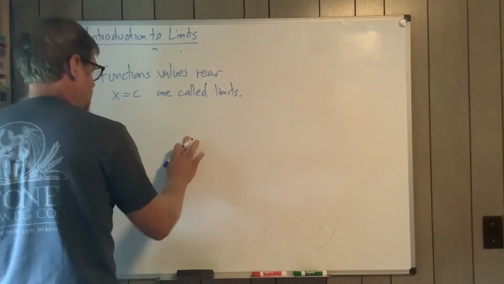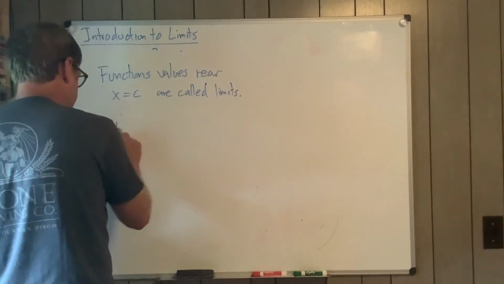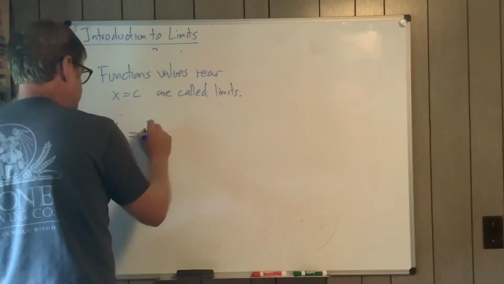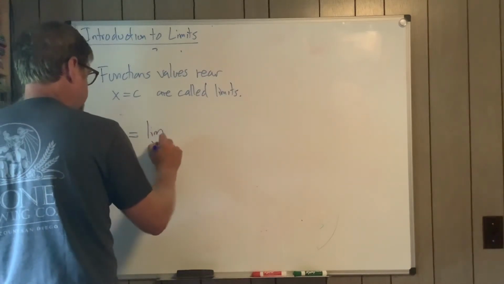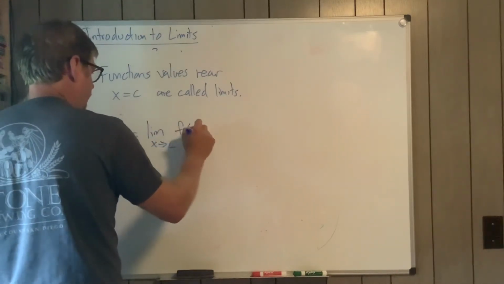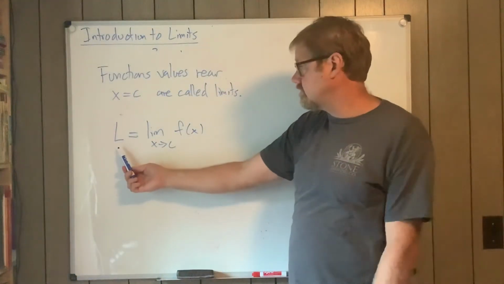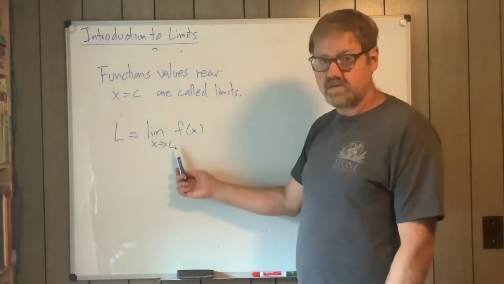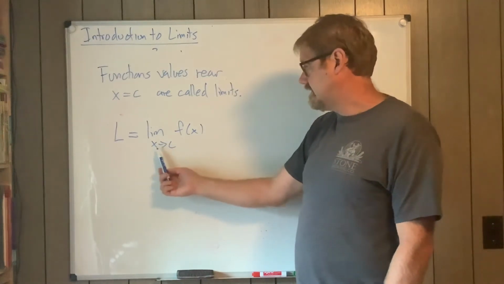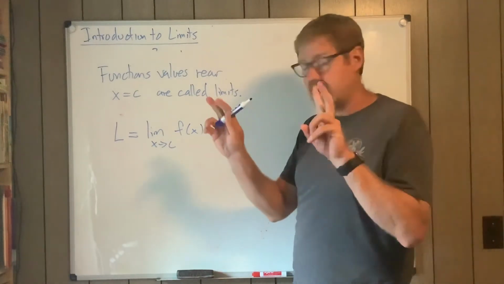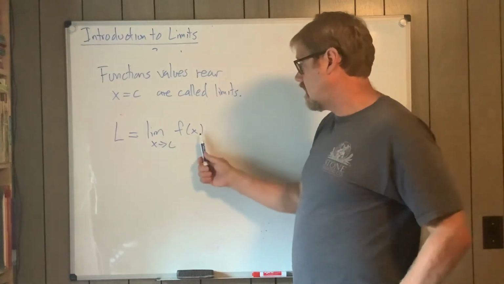The way we're going to write this is L is the limit. So L are my function values. The limit as x goes to c, where c is the nearby points of my function.